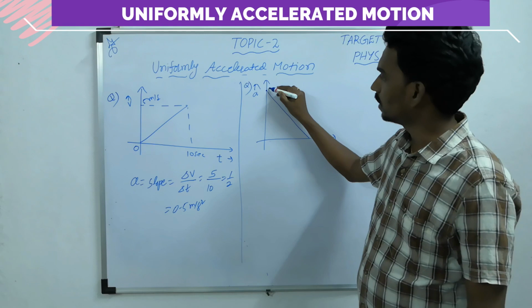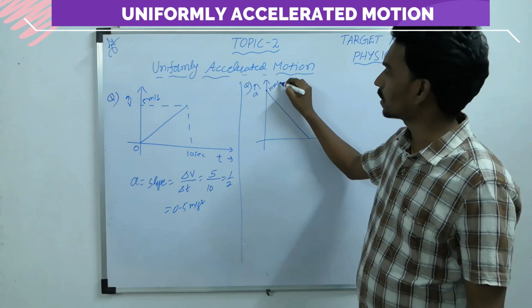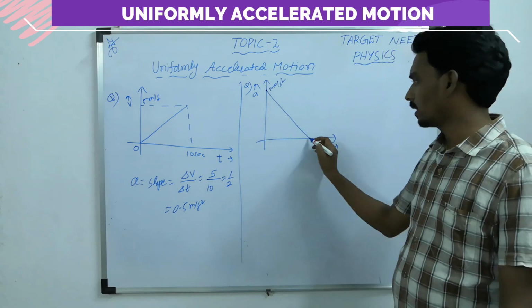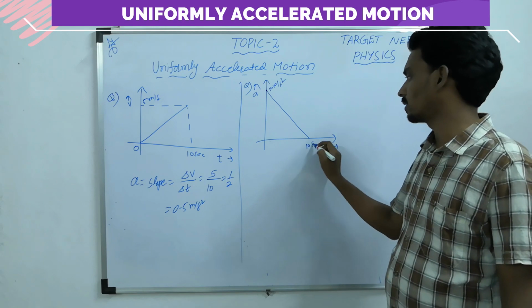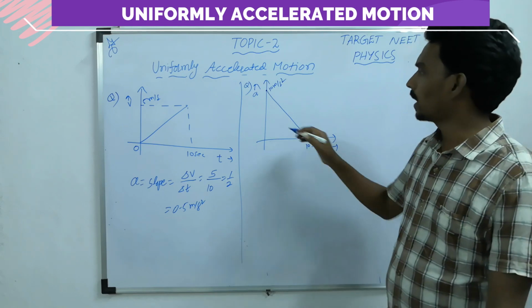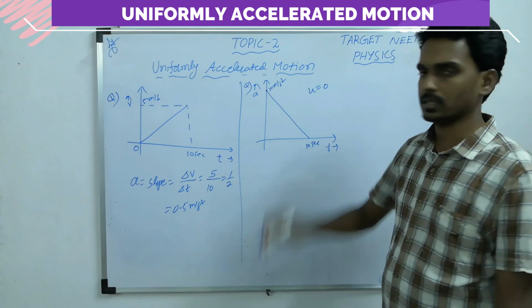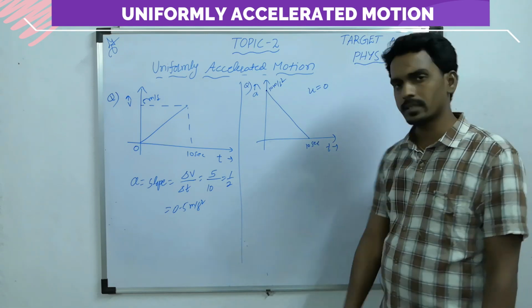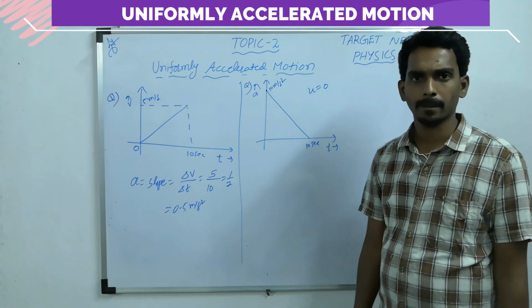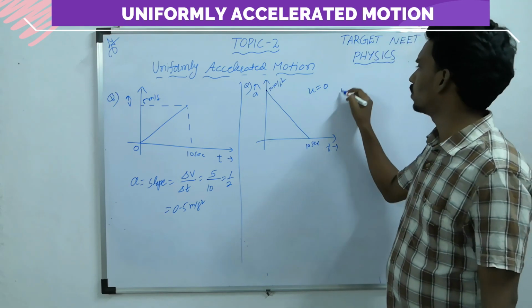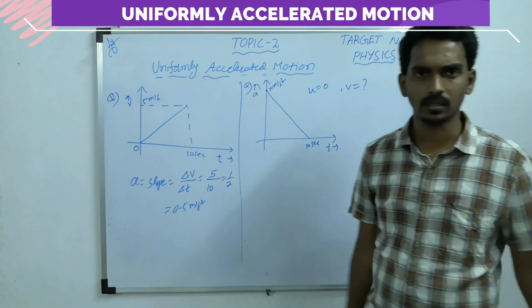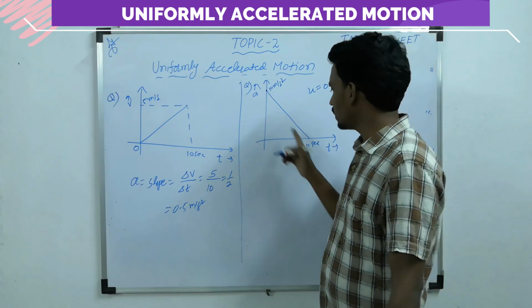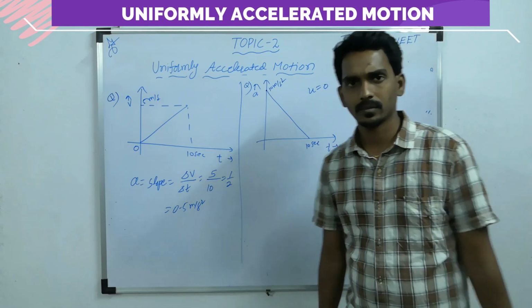Let's take here the value is 10 meter per second square and here time is 10 seconds, and the particle is starting from rest. Then what is the velocity of the body after 10 seconds, they are asking. Initial velocity is 0. What is the velocity after 10 seconds?